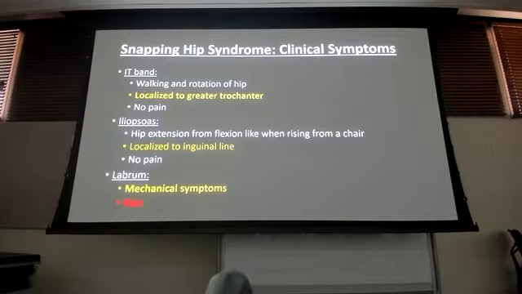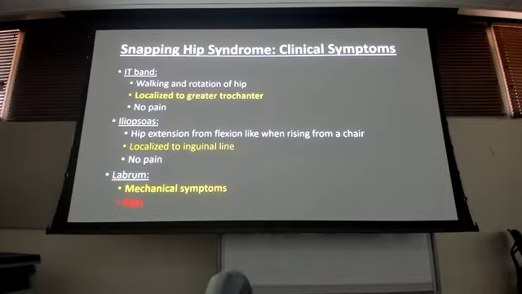If it's snapping, don't they have to have pain? Not necessarily. Right? So with the IT band, a lot of times some patients will say, hey, I can make my IT band snap. Watch this. Right? And they don't have pain. But when are people going to present when they have pain? Nobody wants to come show you their party tricks. Okay? Some people do it. But iliopsoas, right? So iliopsoas is going to be different. That's when they do hip extension from flexion, i.e. rising from a chair.